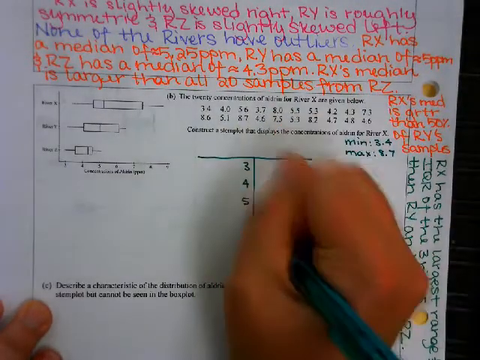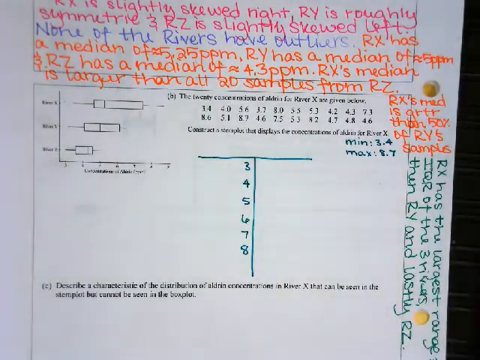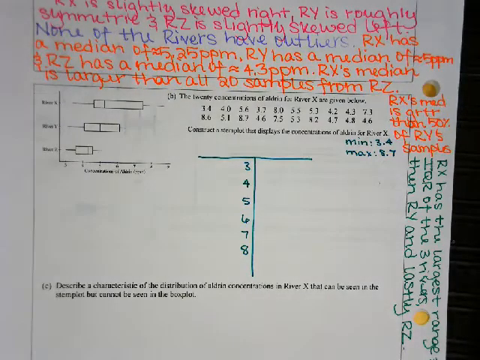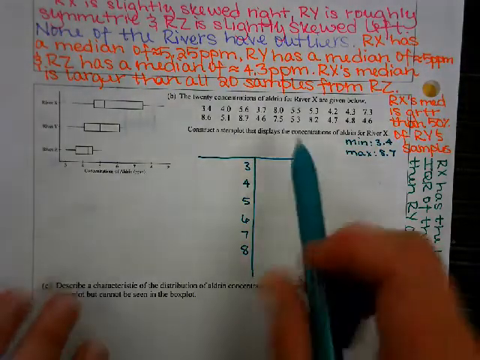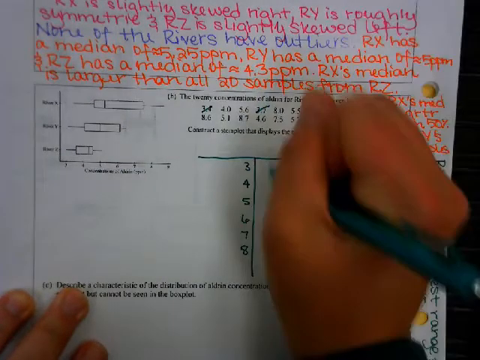Biggest thing to remember is that your leaves need to be in order from smallest to biggest. So we have 3.4 and 3.7. Those are the only 3's, correct? Okay. So 4, 7, and then 4.0.